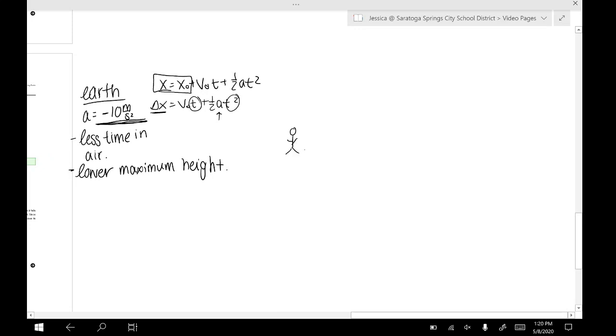So here's the person on Earth. We're still going to be thrown upwards with 15 meters a second. The only difference is we might not go as high. But symmetry still exists, so we're still at 15 meters a second when we reach the cliff height for the second time. And then we still have an additional 100 meters to accelerate downwards with.